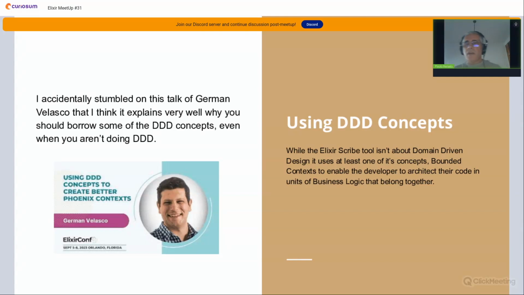In this talk, German gives the example that a product is not the same across all domains. This is true for any entity. We always use the same entity in our code base for everything, but we shouldn't. I really recommend you see this talk. It's really, really good in that regard.